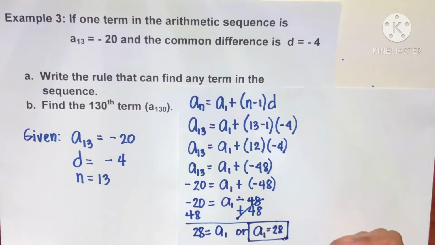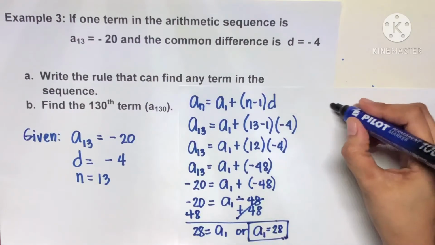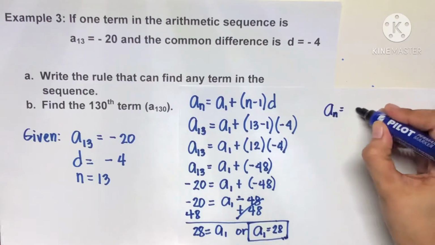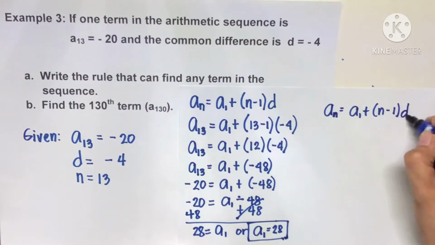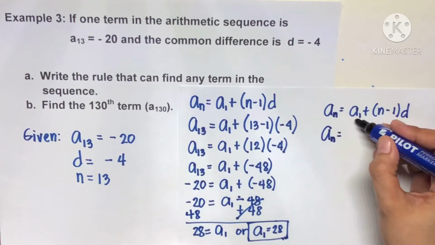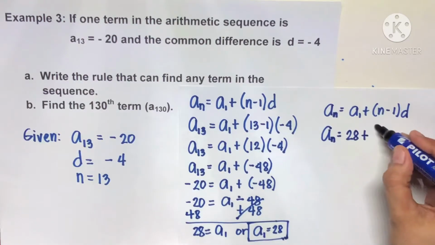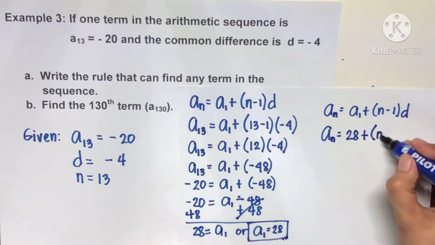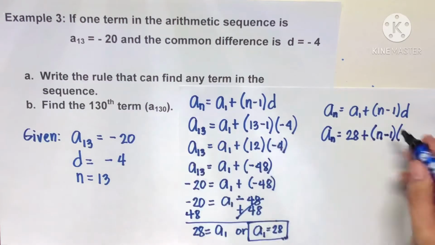Okay, so we will check first using the formula. The formula is a sub n equals a sub 1 plus n minus 1 times d. So a sub n is equal to, our first term is 28, plus the quantity of n minus 1 times d, which is equal to negative 4.